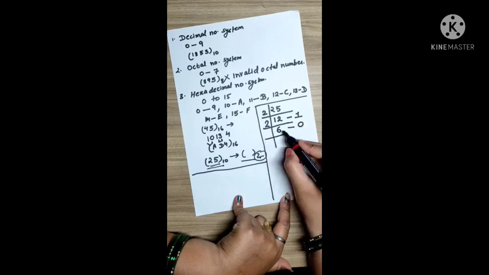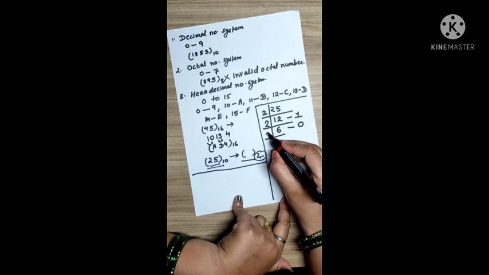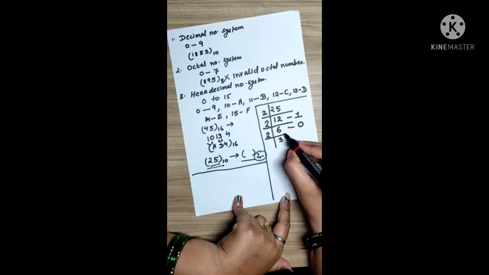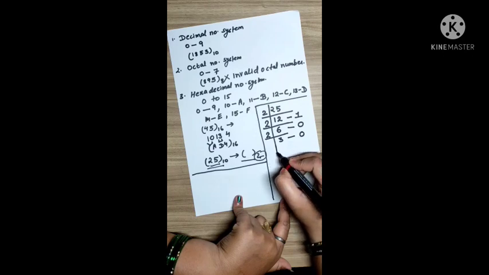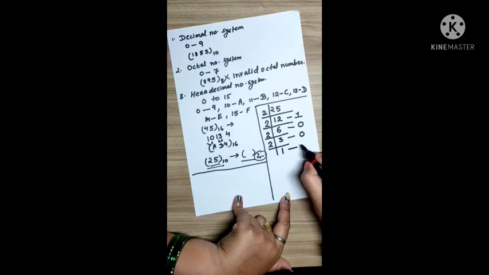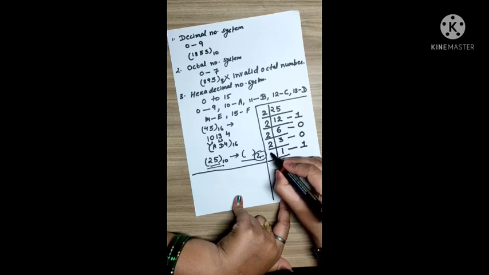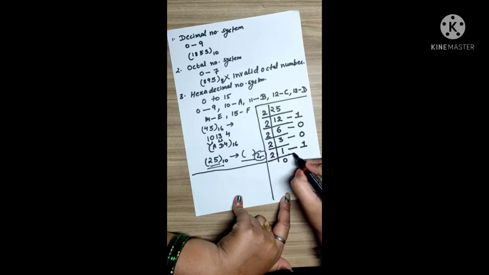Now again, since it is non-zero, we'll divide: 2 3s are 6. Again the remainder is 0. Now 3 is again non-zero, so we'll divide it. 2 1s are 2, and then here it will be 1. Now we can do 2 zeros are 0 and the remainder will be 1.